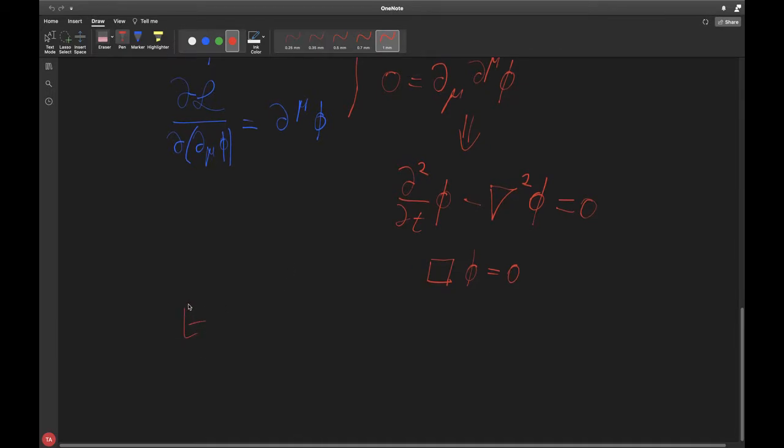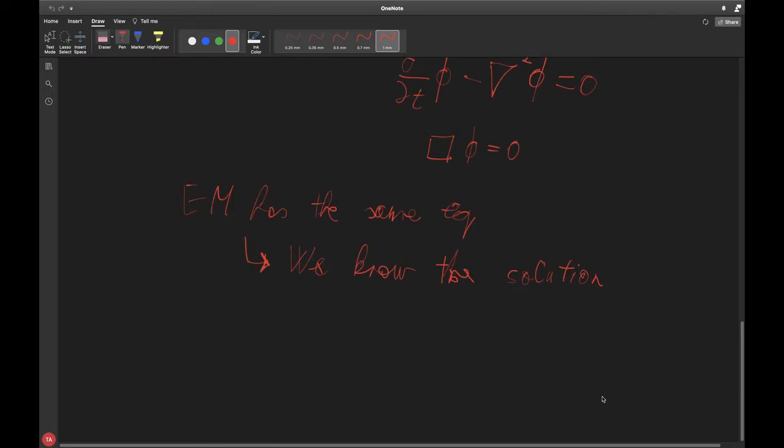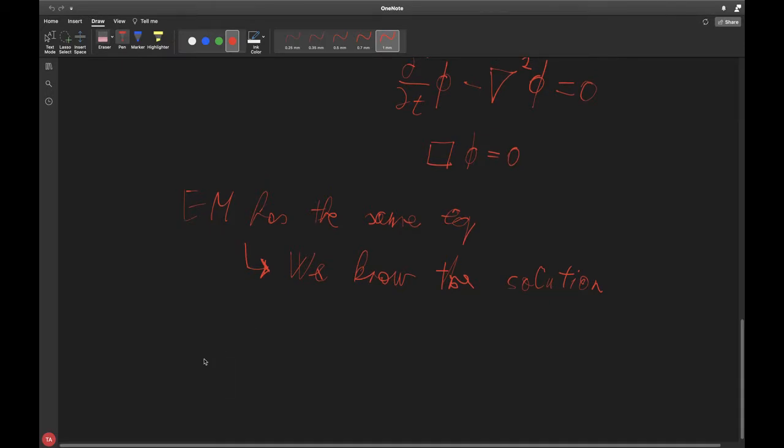Electromagnetism, EM, has the same equation, and from that we know what the solution is. In electromagnetism, this is called a wave equation, and the solution has the form of phi, which depends on x and t.